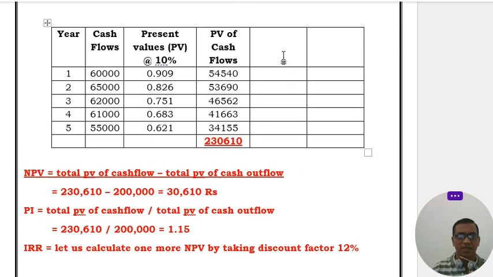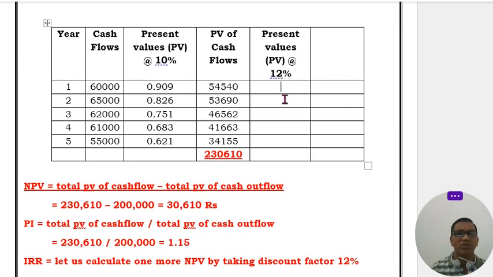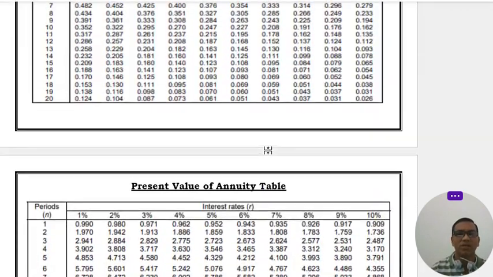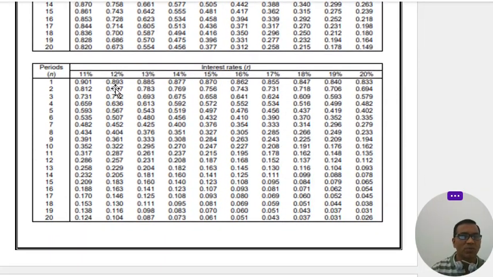So let me take present values again. Now this column again, but here I will take 12%. Keep in mind 12%. So what are the table values at 12%? Present value at 12%. See here, this is the 12% column, and I need the values for the 5 years.